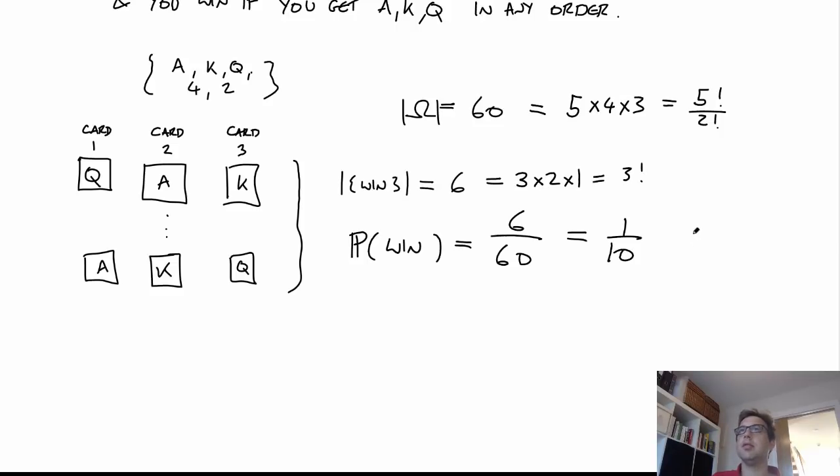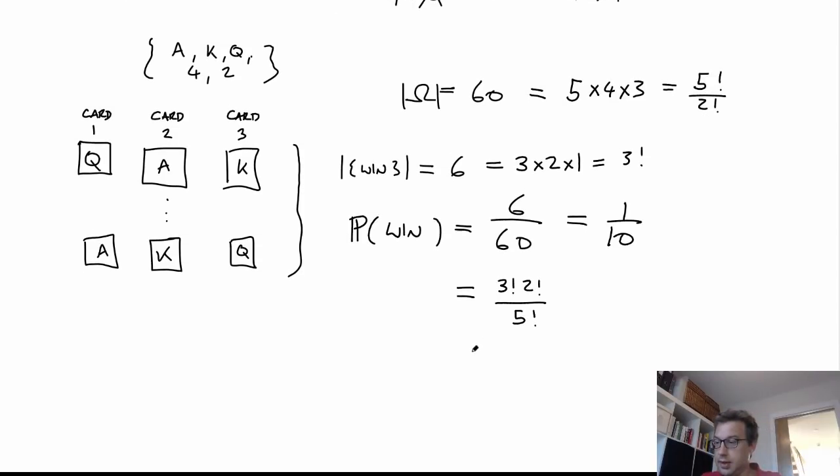So really the calculation that we did here was 3 factorial divided by 2 factorial divided by 5 factorial. If we're going to come up with a general formula, it's going to look something like this. But let's think about another way to conceptualize this.